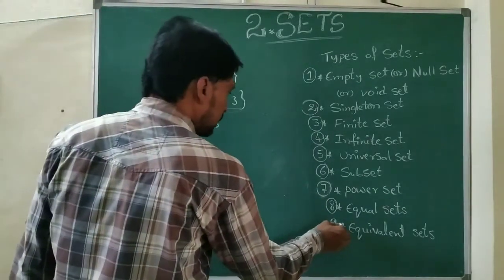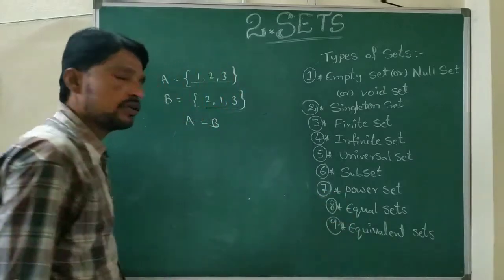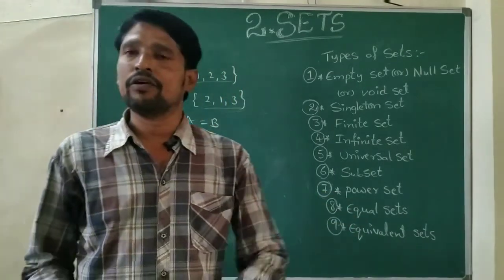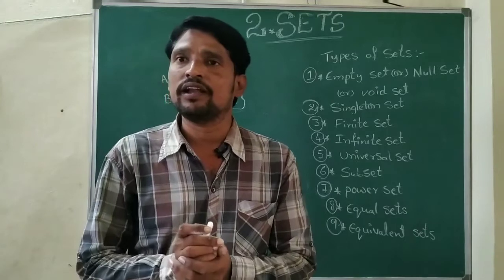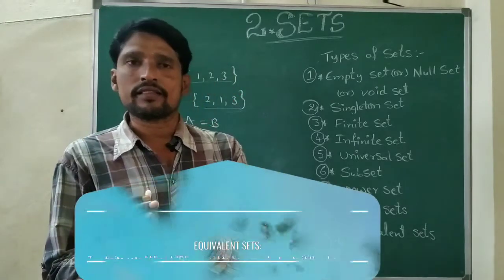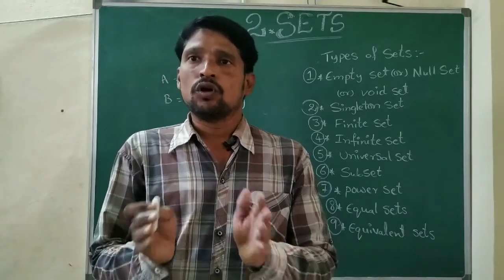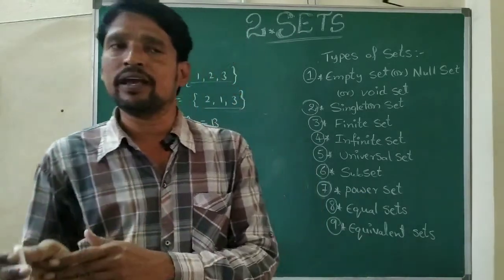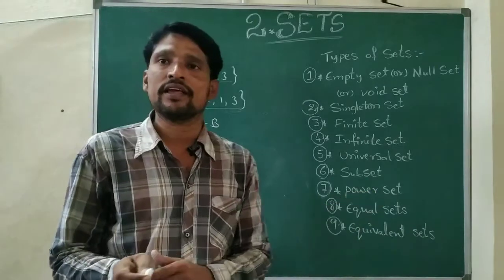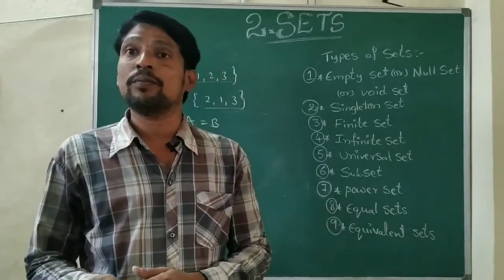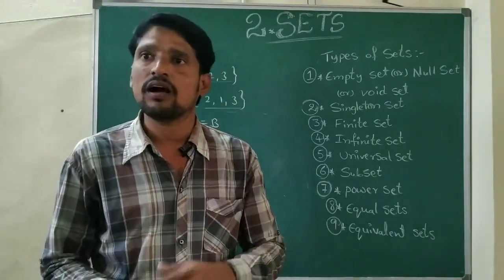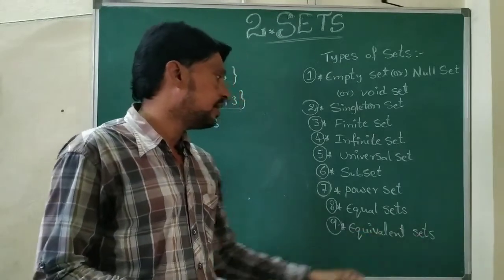Next, equivalent sets. Two finite sets A and B are said to be equivalent sets if the number of elements is equal.